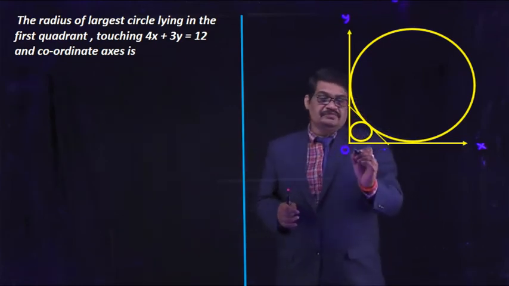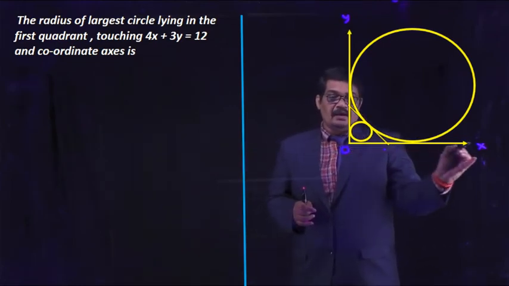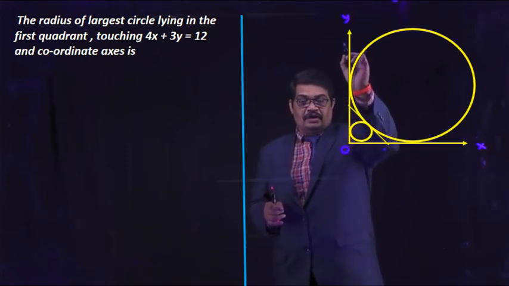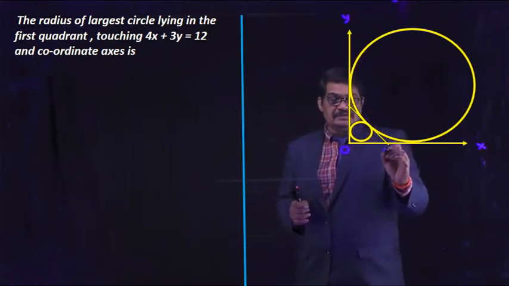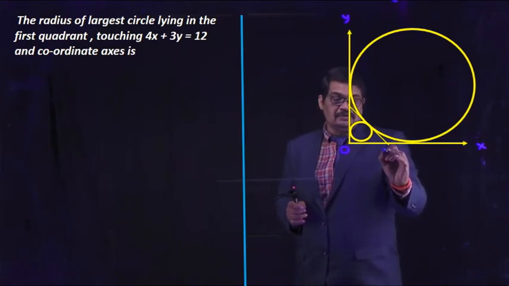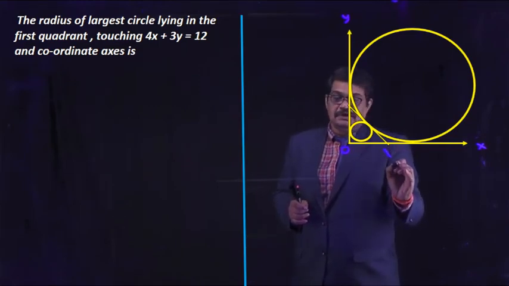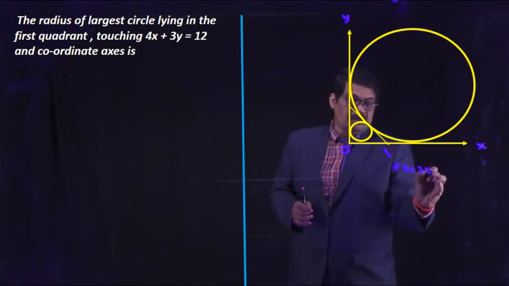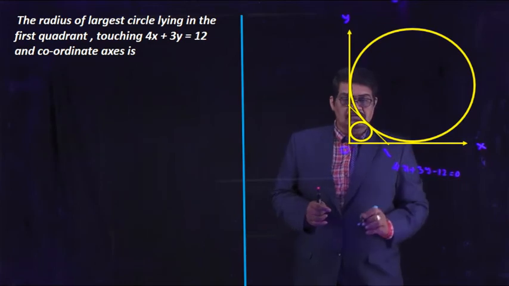This is the x-axis and this is the y-axis. Okay, this is the line. Its equation is 4x plus 3y minus 12 is equal to 0.